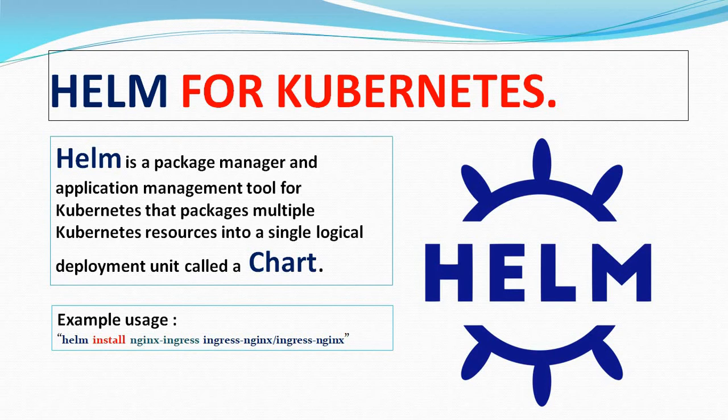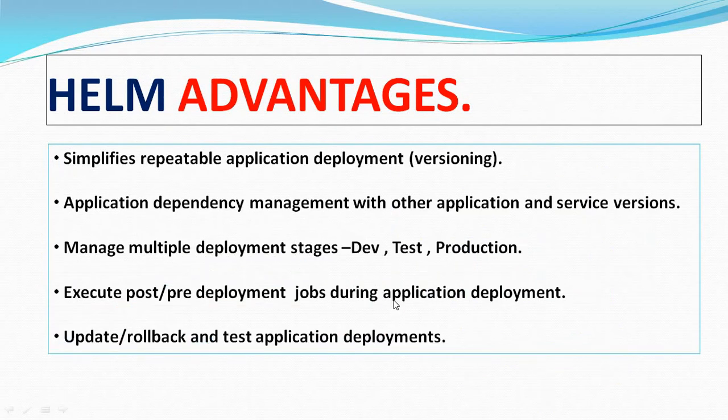With that, let's go to the next slide and see the top-level advantages of using Helm on Kubernetes. First, it simplifies repeatable application deployment on Kubernetes. Let's say we are hosting our own application and developing it from scratch, so we will be releasing multiple times.